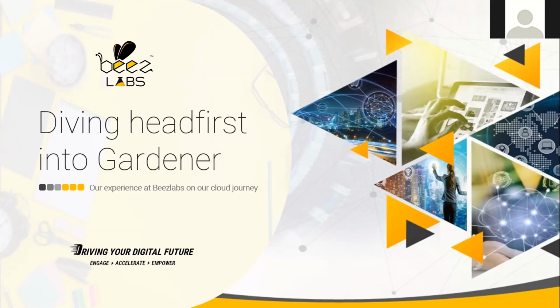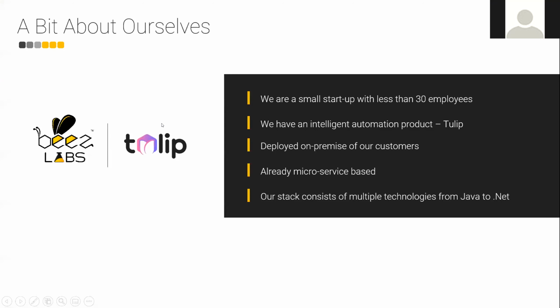So if I go to our startup's use case, what we are doing is making a product. It's an intelligent automation platform that can help enterprises automate their day-to-day activities.